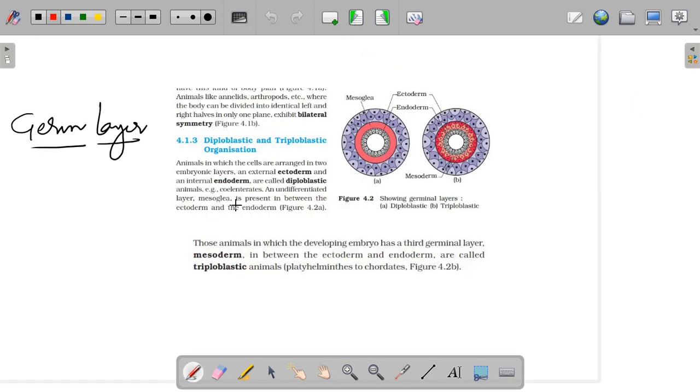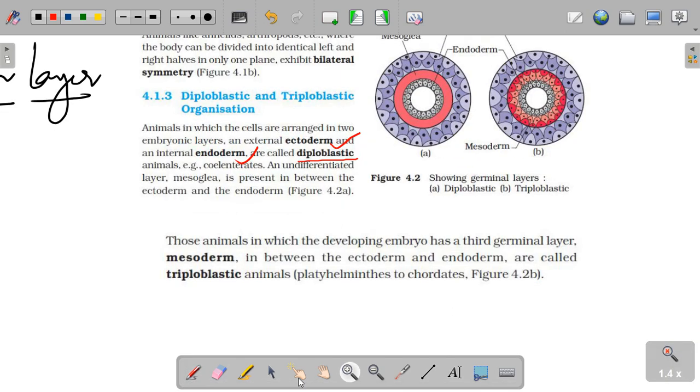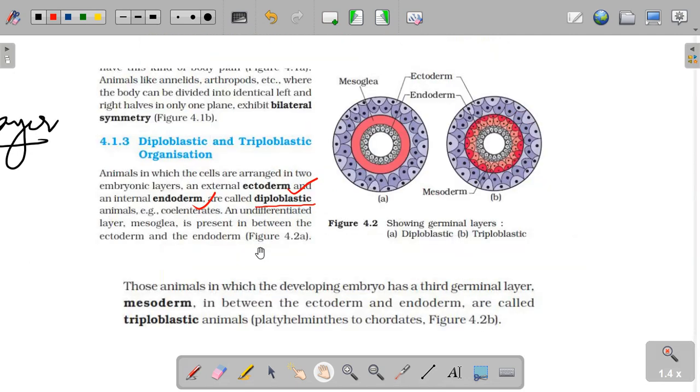What do you mean by diploblastic? If the body of that particular organism belonging to a specific group is made up of ectoderm and endoderm, di. So the group consists of animals whose zygote has only two germ layers, diploblastic, ectoderm and endoderm. And here are the examples, coelenterates.